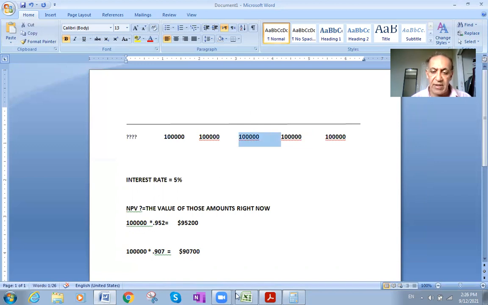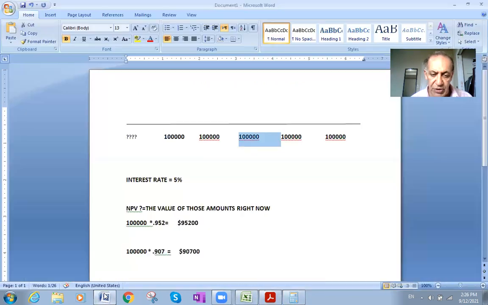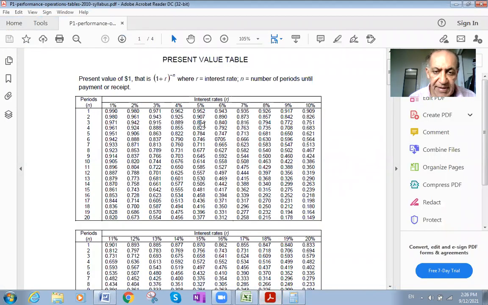Third year will go here, under 5%. We multiply by 0.864. So here also on the third year, it will be 100,000 multiplied by the number in the third year, 0.864.